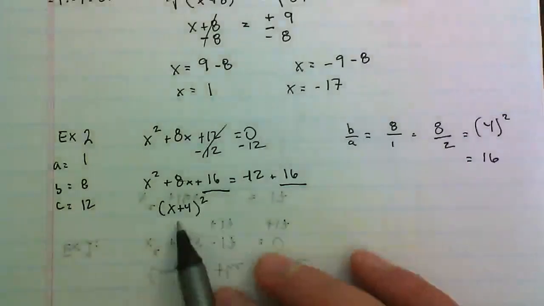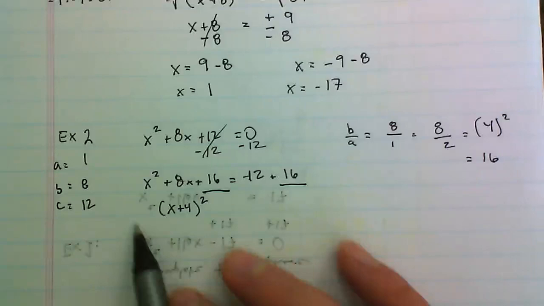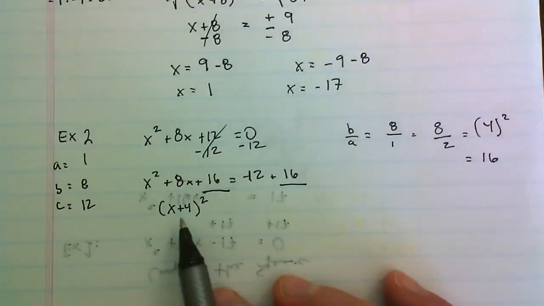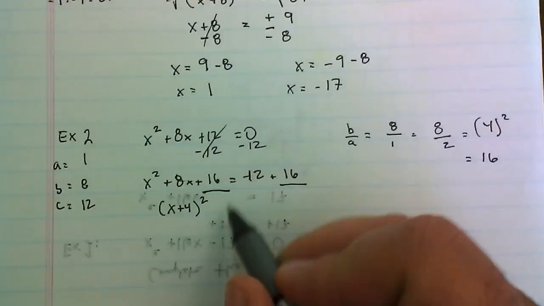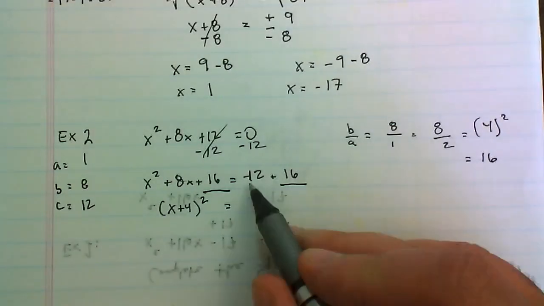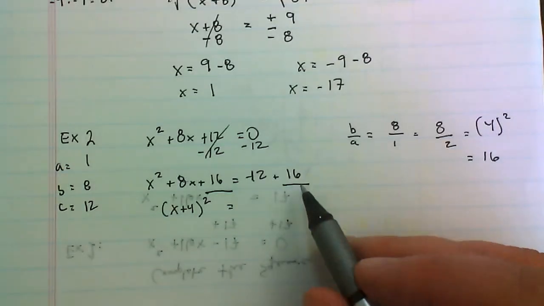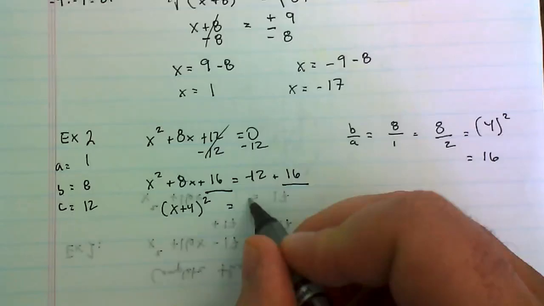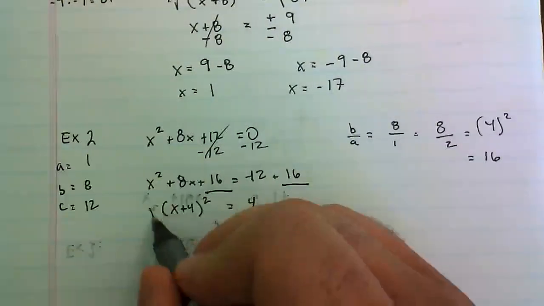And now I need to find that perfect square that goes here that I'm going to add. Remember, you're going to take b divided by a. So b divided by a, that's 8 divided by 1. And you're going to get 8. And then you take half of that b divided by a.